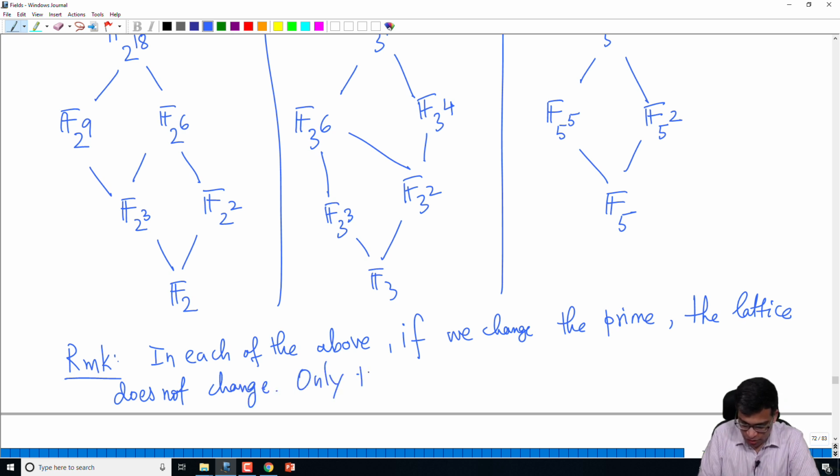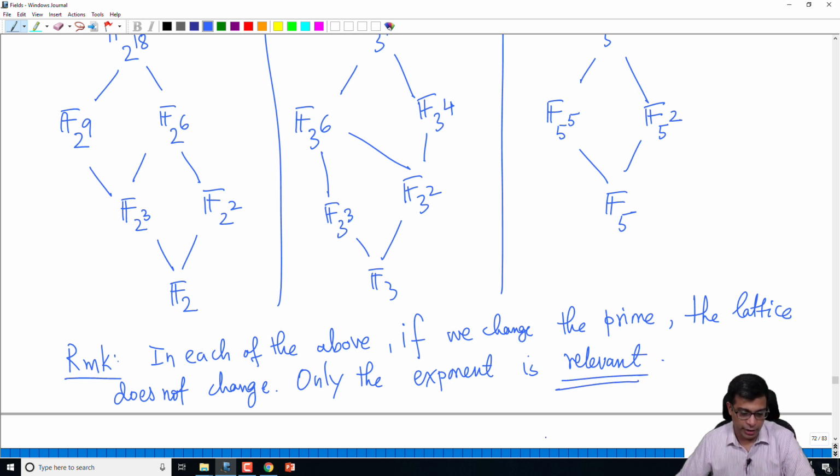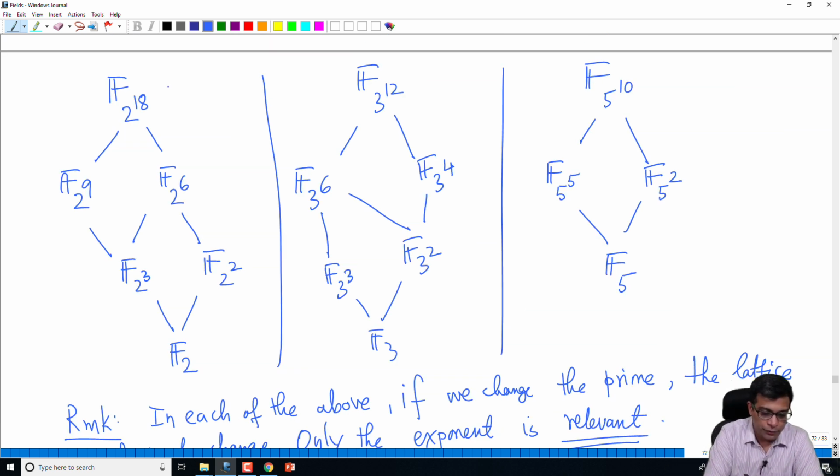Only the exponent is relevant. So what I am saying is that here 18 is the relevant number. So if instead of 2 you have 3 or any other prime, 13 power 18, everything will go through.